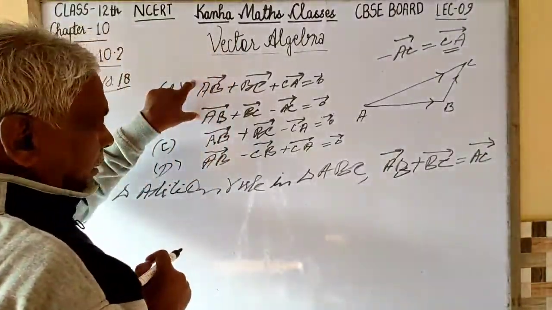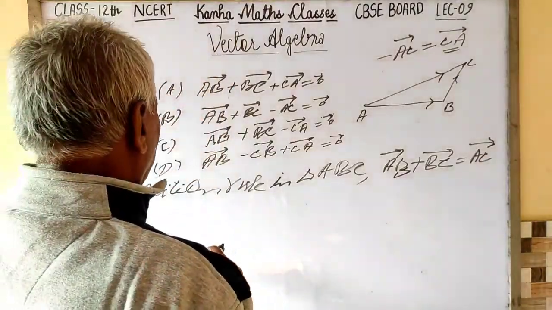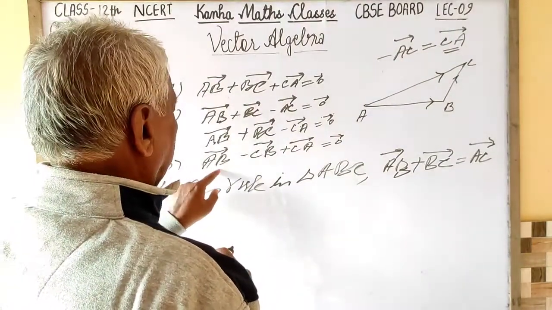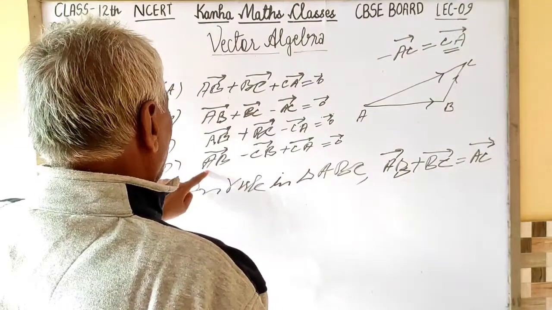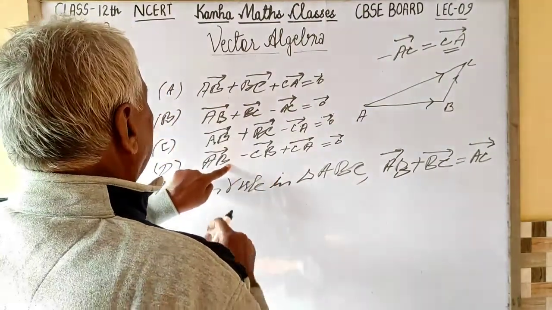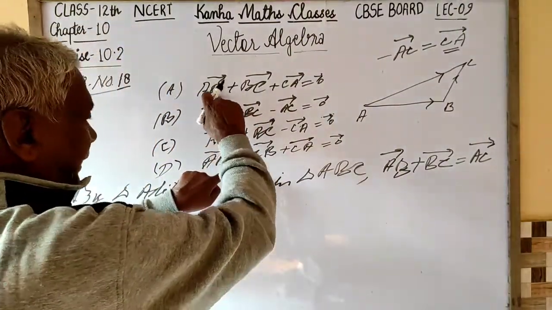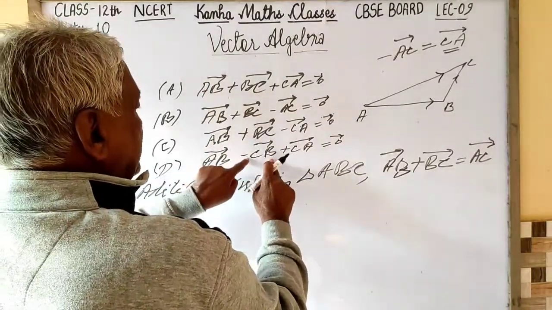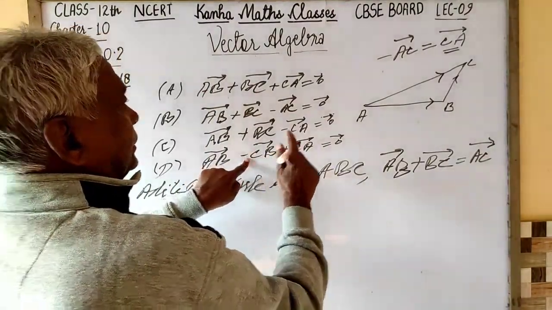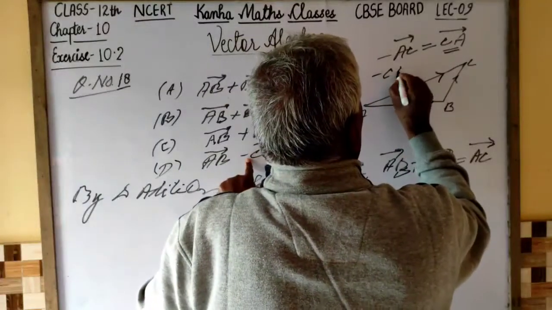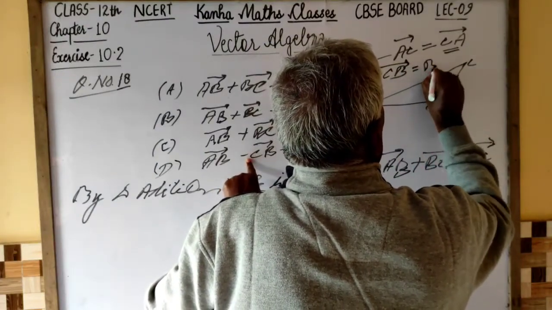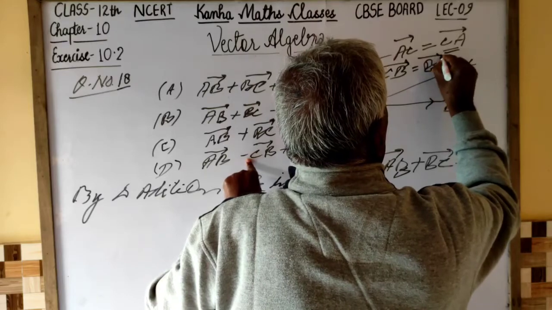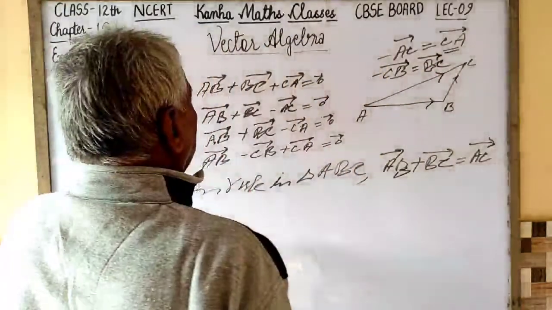I will draw your attention to the fourth option, AB minus CB plus CA is equal to 0. This option D is nothing but the modified form of option A, because minus CB is equal to plus BC, a change of direction.